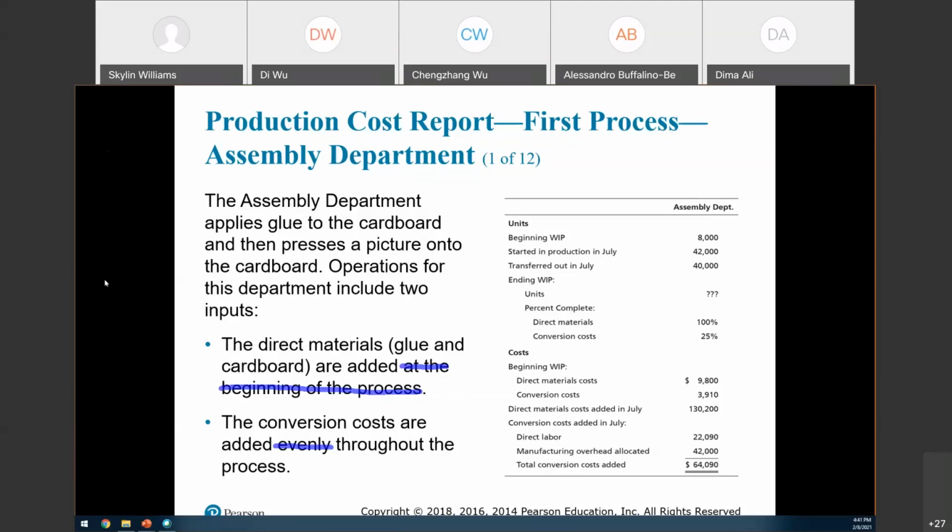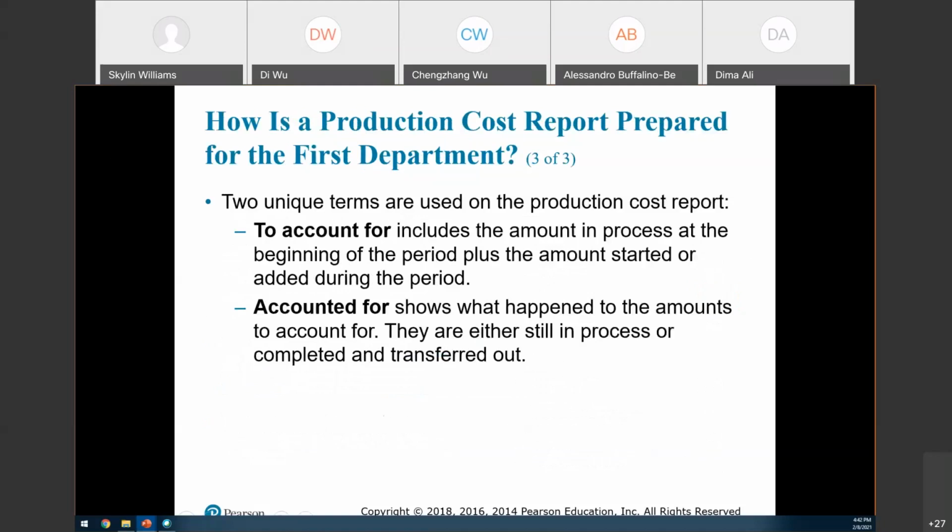So my next question for you is, how much is the question mark? How much is it? The question mark stands for the ending units of WIP. As I said in the previous slide, we learned to account for and accounted for.